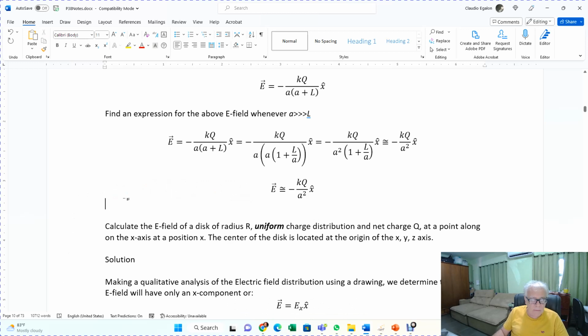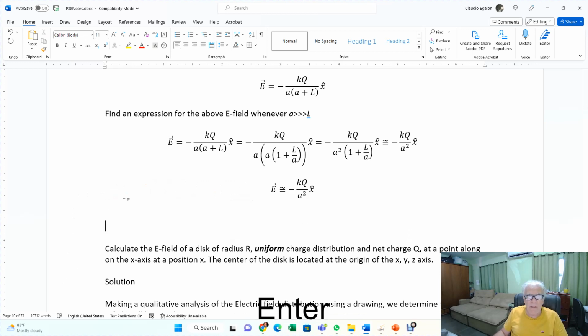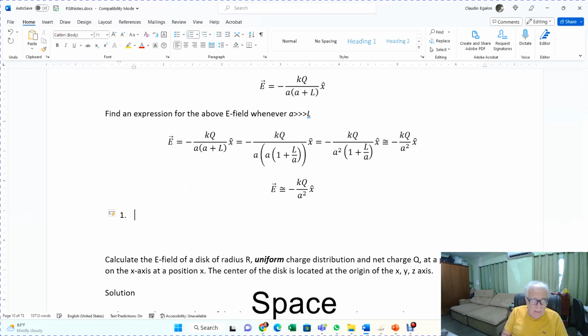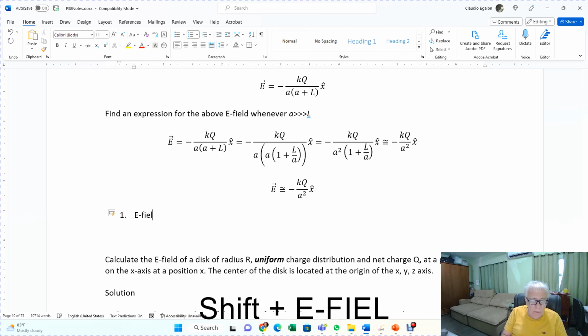So let us document everything that we have done so far. First thing is the E field of point charges.